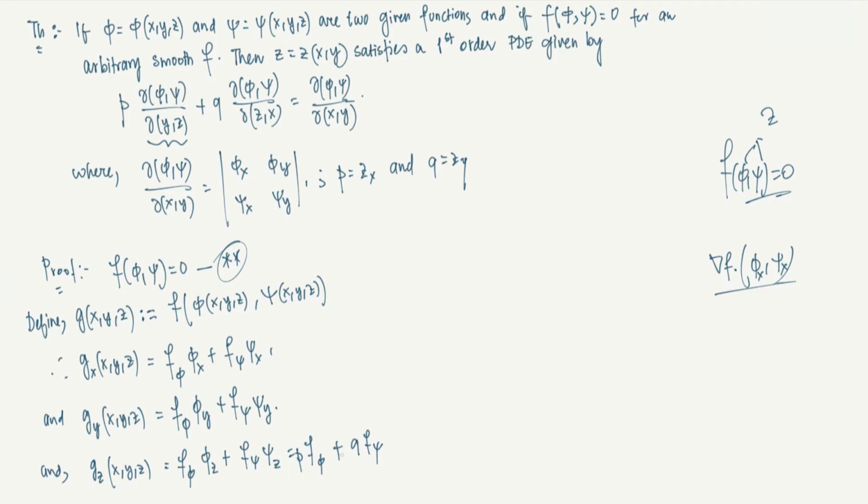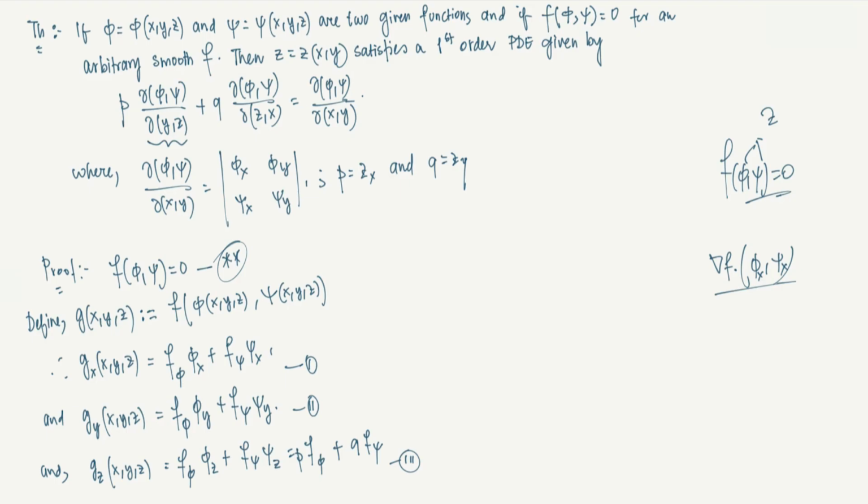Fine. Now what you do is, if you put all of these three relations together, maybe I can label them 1, 2, and 3. Okay, so you see, g x is going to be 0 because g is 0 essentially. From double star, g is going to be 0, so g x is going to be 0, g y is going to be 0, g z is going to be 0.